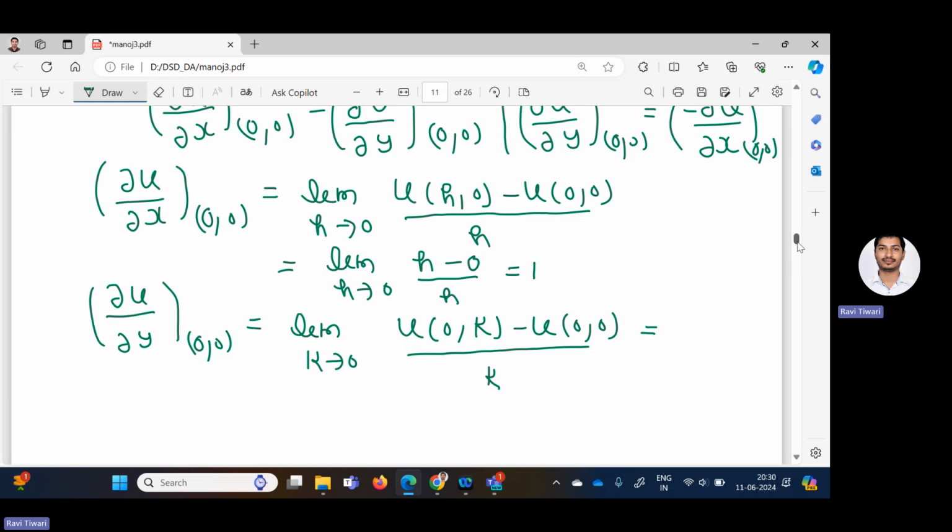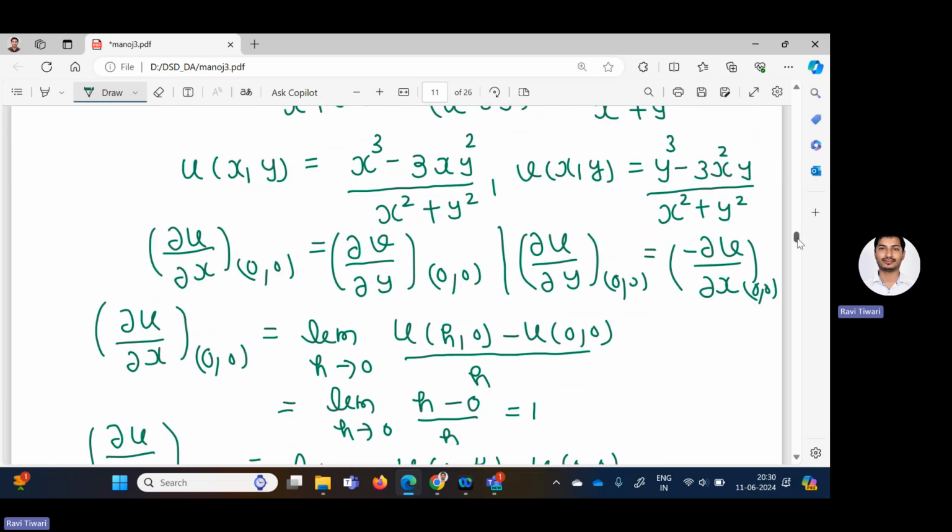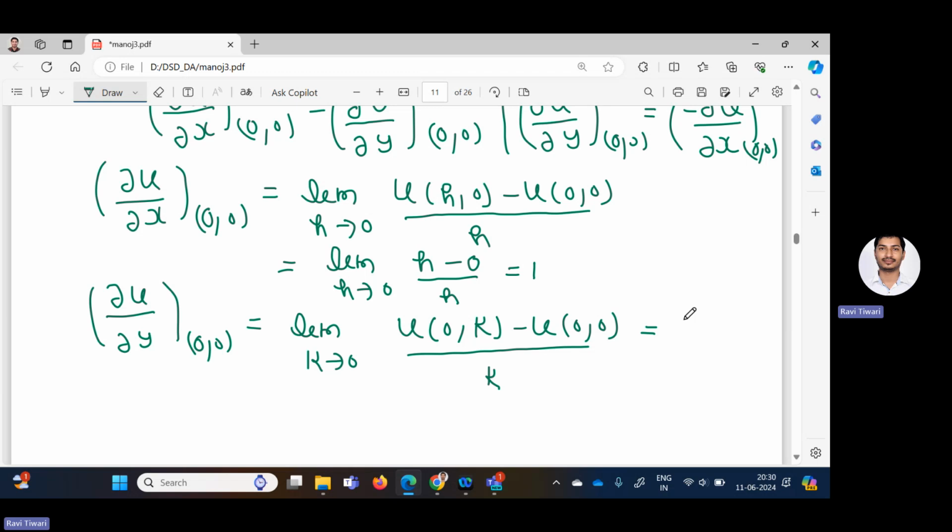Again, you can calculate. u(0,k) means x component 0 and y component k, but because x is multiplied here, this will be 0. So you get limit k tends to 0 of 0 minus 0 by k, and this equals 0. I have explained many times this is not 0 by 0 because the numerator is exactly 0.